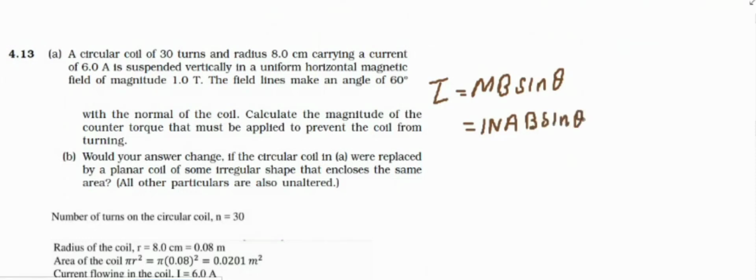That means you have to find the torque, that's all. And the torque formula, again, tau is equal to M B sine theta, and the value of M is N I A, so N I A B sine theta. So substitute the values and find the answer.